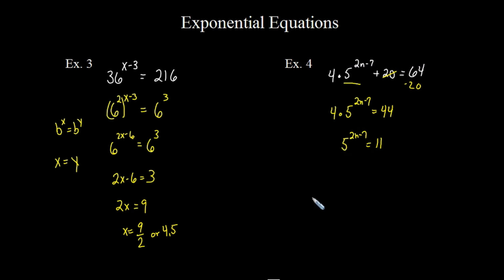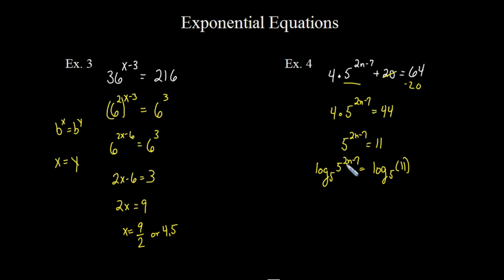So just like we were thinking in example 2, where we had to exponentiate both sides, we need to cancel the base 5. Well, in order to do that, we're going to take the logarithm of that base, log base 5 of 5 to the 2n minus 7. And that's log base 5 of 11.